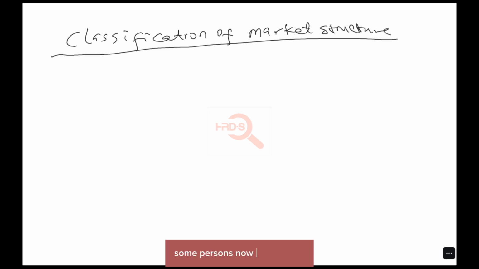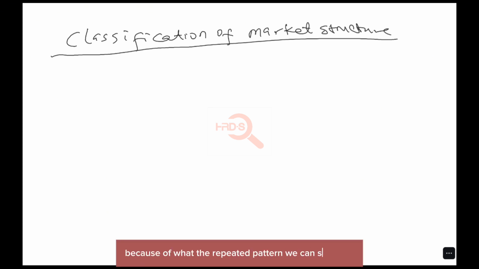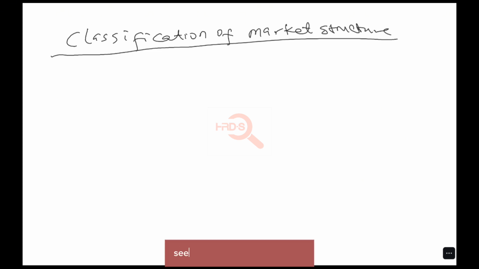Some persons now believe that actually this financial market has been programmed to run in a particular manner. All right. This can be true because of the repeated pattern we can see. But we're not here to prove if it is true or not. I'm just going to show you what you see all the time in the financial market.